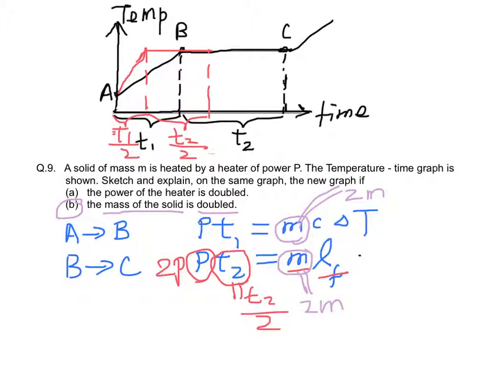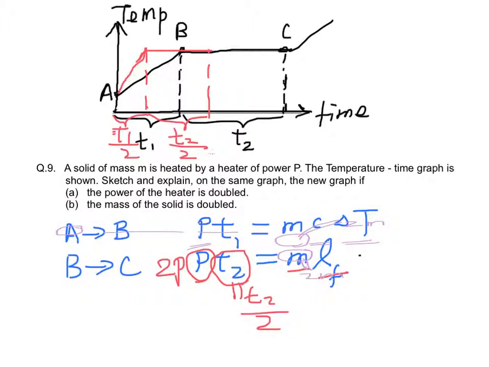From the equation, since P, c, and delta T remain the same, the time to increase the temperature of the substance from point A to its melting point will also be doubled, which is 2T1. Therefore, the new graph along AB will be like this one, where the time interval becomes 2T1.